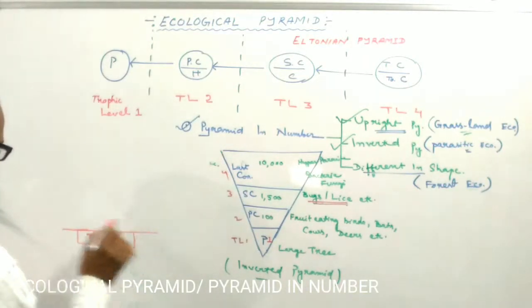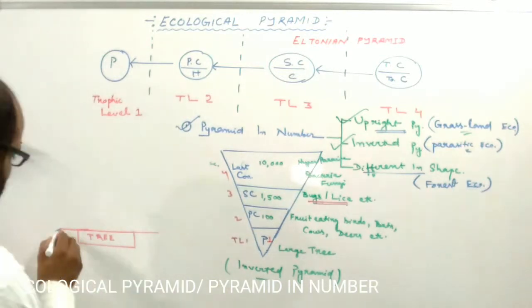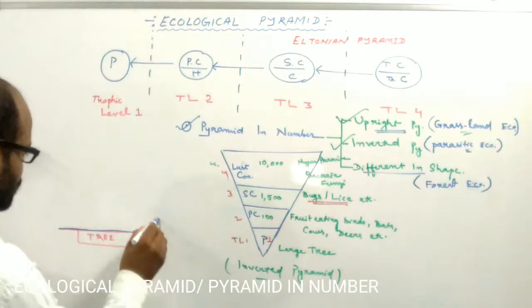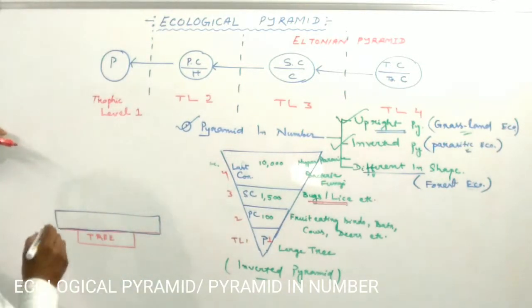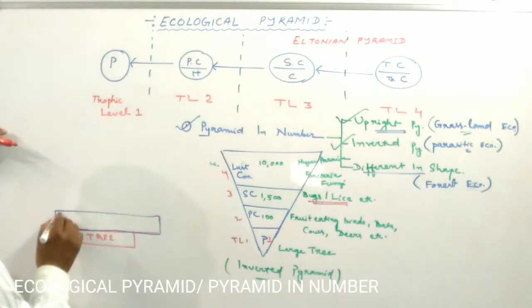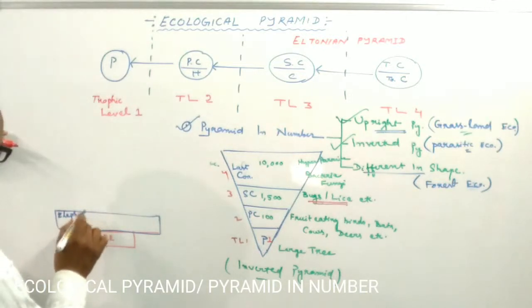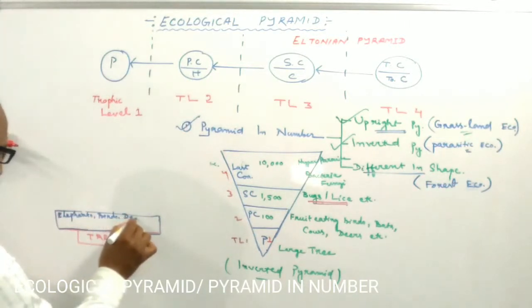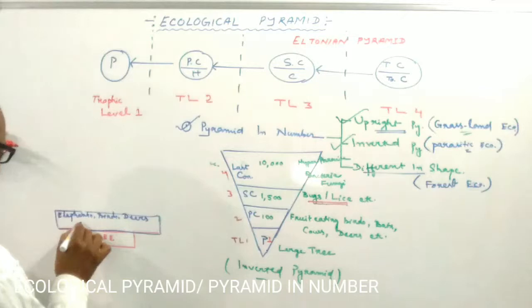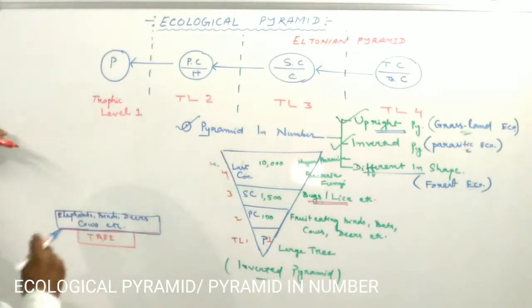In a forest ecosystem there are so many larger trees present, and such larger trees support so many elephants, birds, deers, cows, etc.